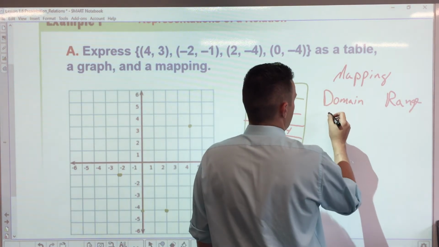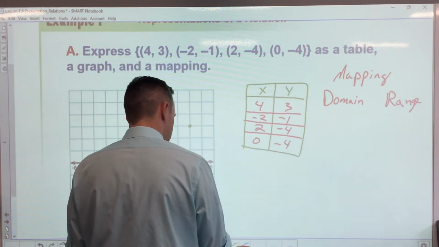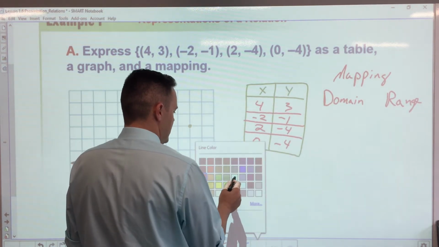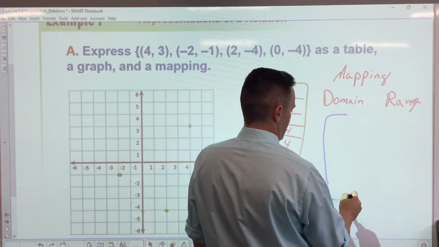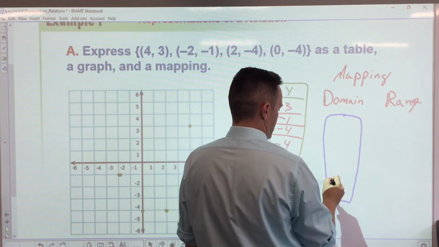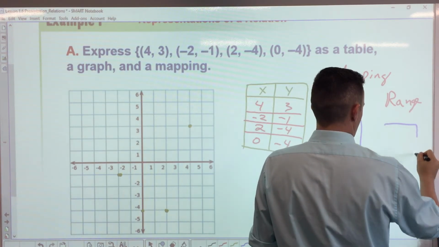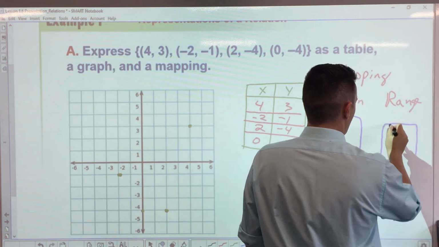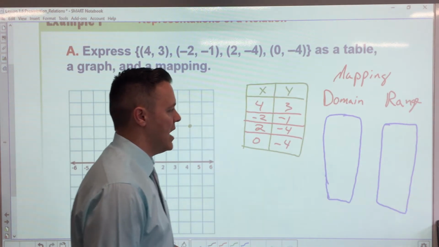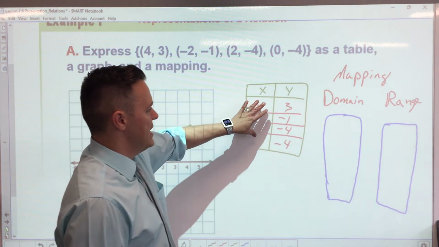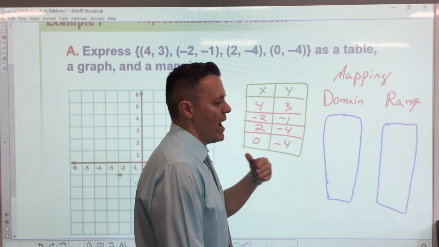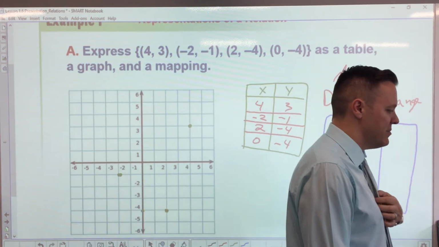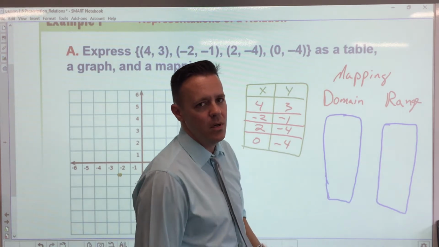On a mapping, you have a nice little square set up here, and then a little square set up here. Then what you do is you find the common numbers. That's easy when you have a table set up like this. You're putting in the numbers, and it doesn't matter what sequence you put them into.